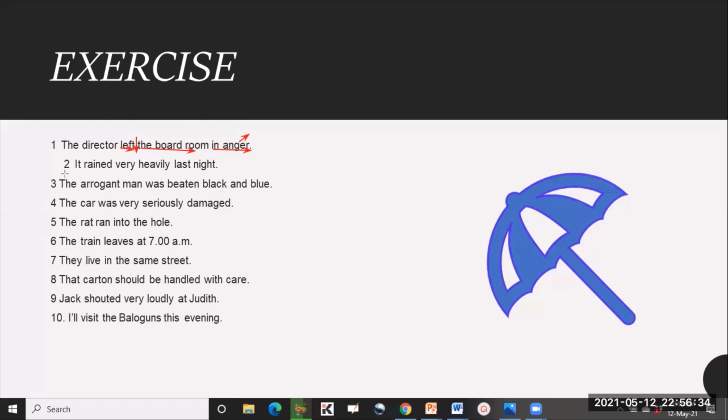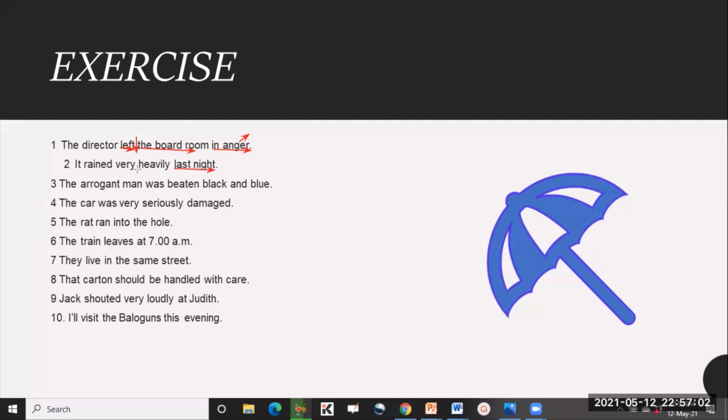All right. Question 2, it rained very heavily last night. We don't have a clear prepositional phrase here. Well, last night could have been it.